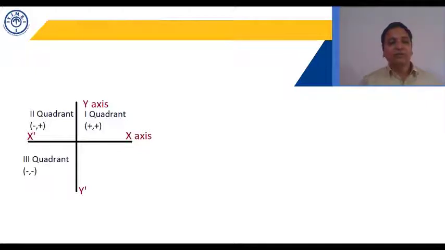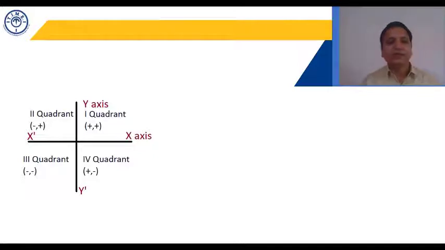Third quadrant, both x coordinate as well as y coordinate are negative. As you move to the left side of the y-axis, you will be getting x coordinate as negative. And once you move below the x-axis, you are getting y coordinate as negative. And in fourth quadrant, we have x coordinate as positive and y coordinate as negative. The basic diagram.